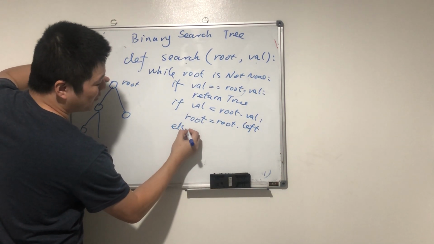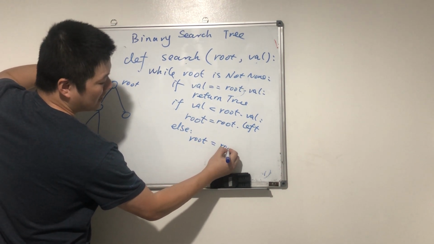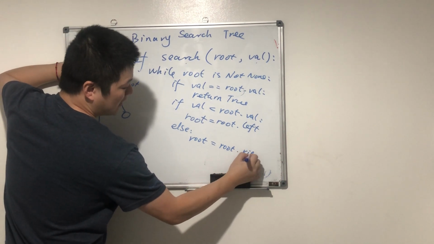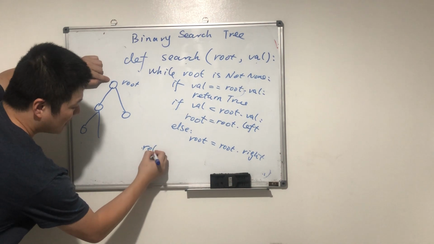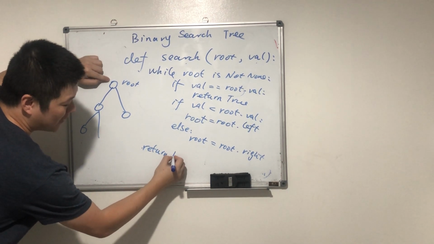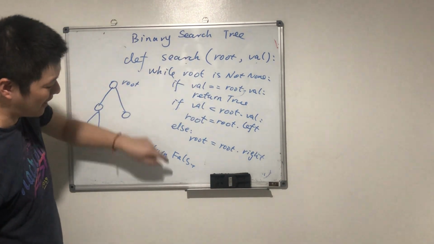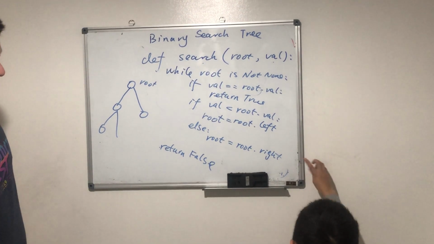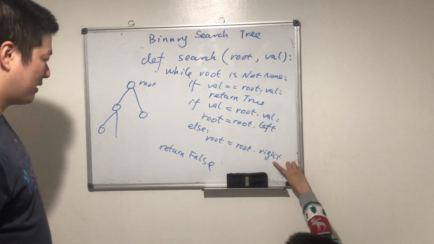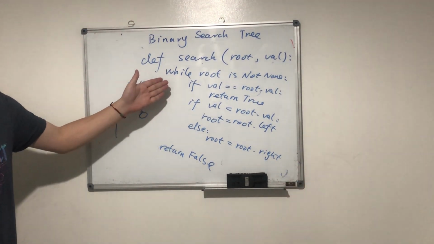And else, what should we do here? Root equals root.right. Well done. And what should we do here? Return false. Well done, because after this, we still can't find the value, so it must not be in the tree. Do you get it? It's easy, this is the way to search.